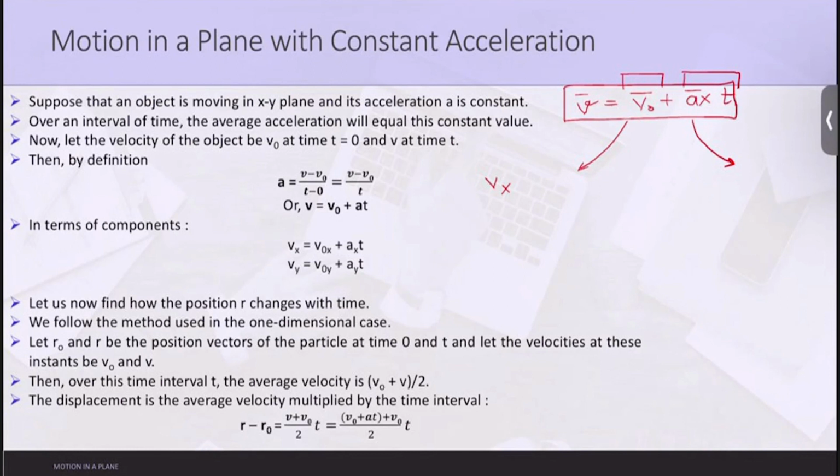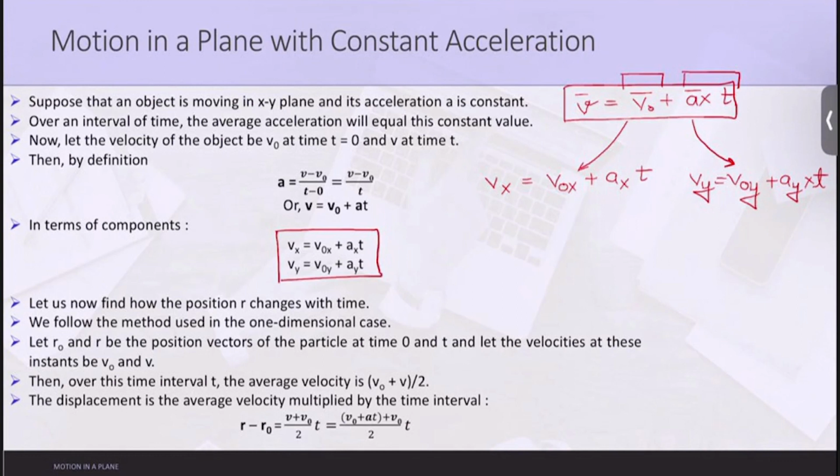The velocity at time t in the x direction is vx equal to v naught x plus ax into time. Similarly, vy is equal to v naught y plus ay into time. So that was one of the expressions which we got.